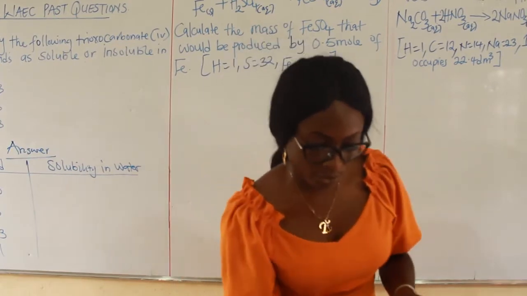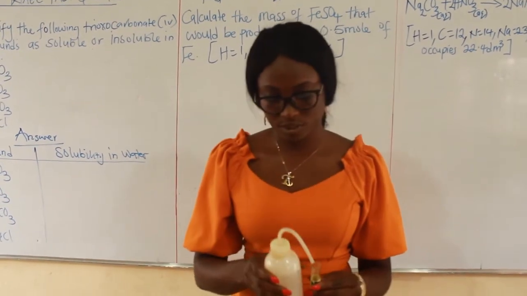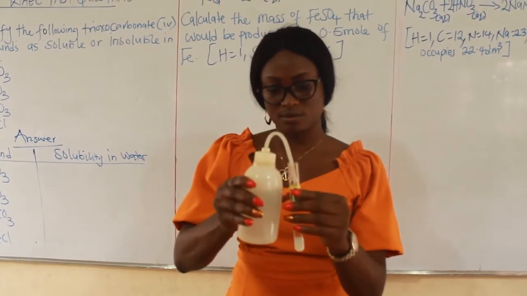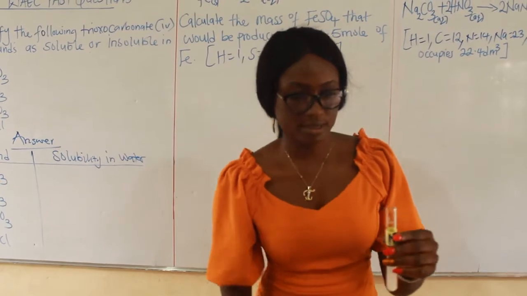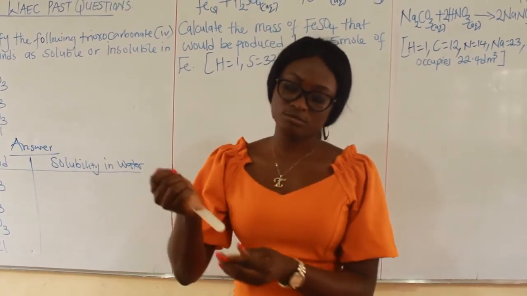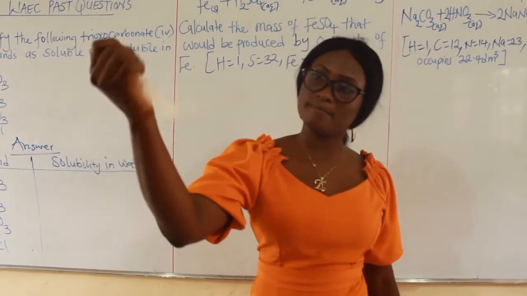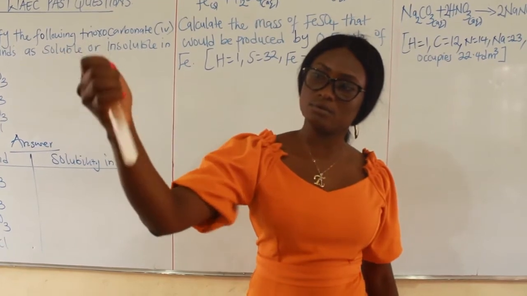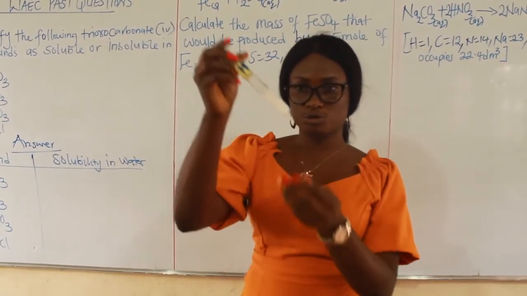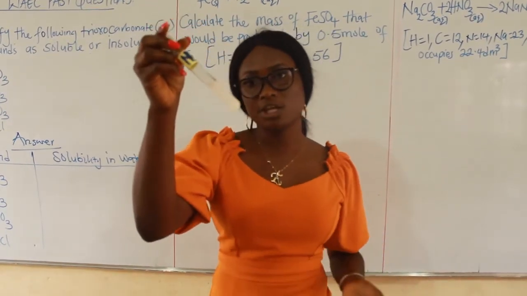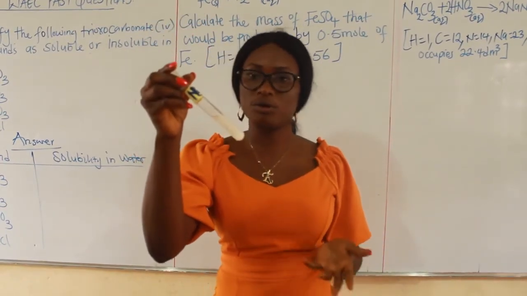This is our water, so just add a little and then you shake. This is what you do, and then you look through and see if it dissolved in water or not.